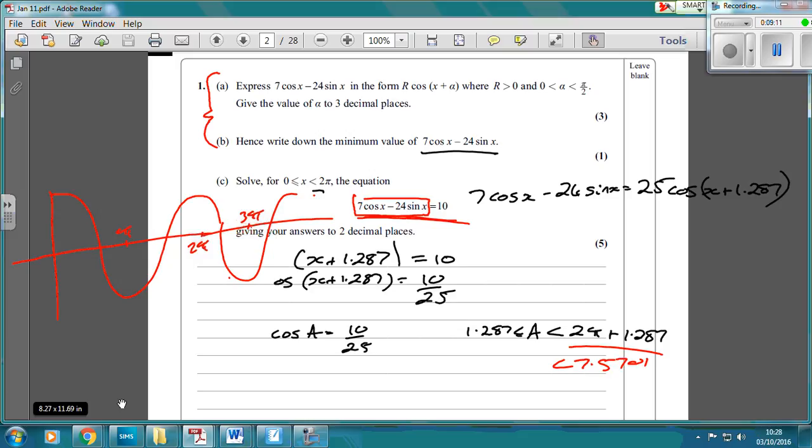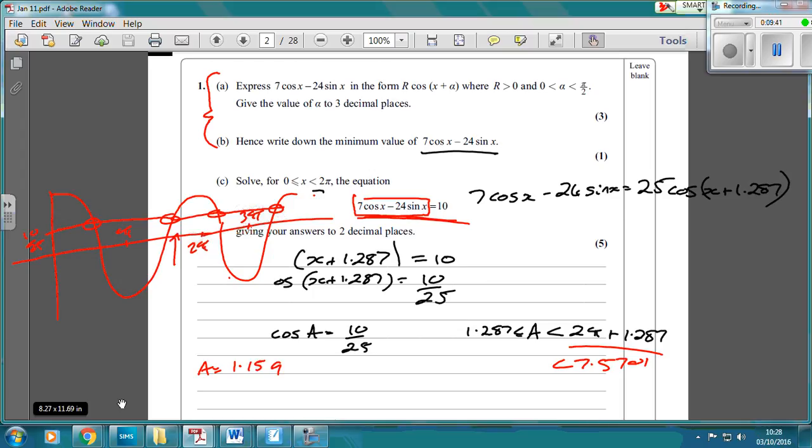So we've got cos of a is 10 over 25. That's going to be that solution there, that solution there, that solution there, and potentially that solution there. So 10 divided by 25 is 0.4. If we do the inverse cos of that, we get a equaling 1.159.